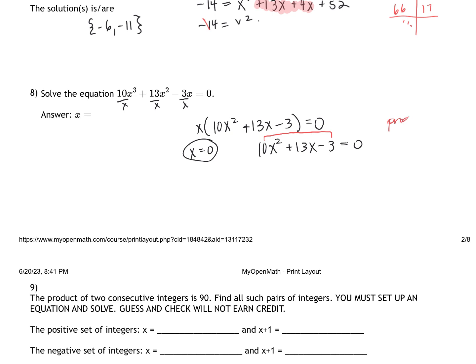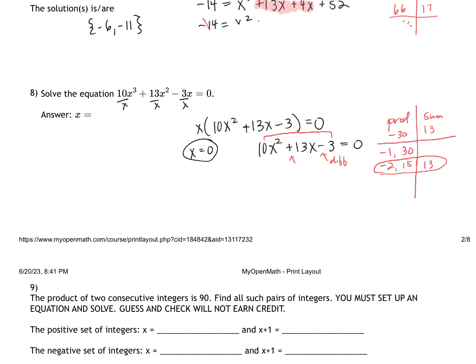So I would want my product to be -30 and my sum to be 13. The signs are going to need to be different. Bigger number is going to be positive. So 1 and 30, 2 and 15. And actually that's what works right there, right? -2 and 15 is positive 13.